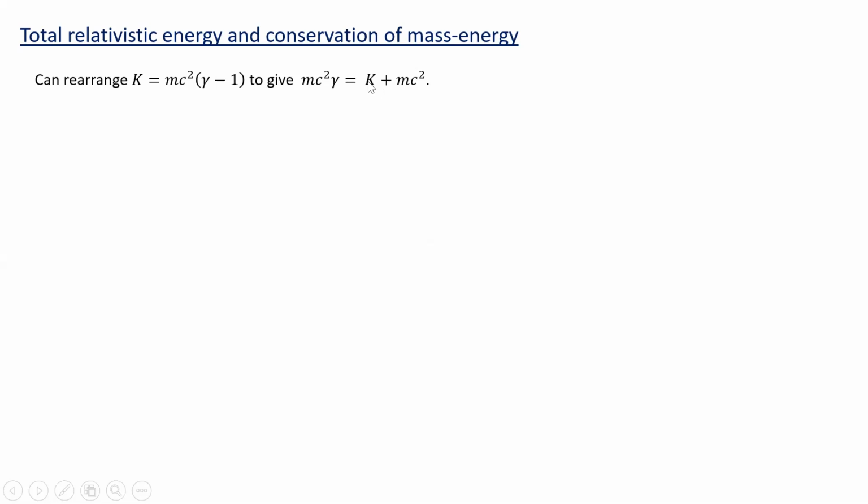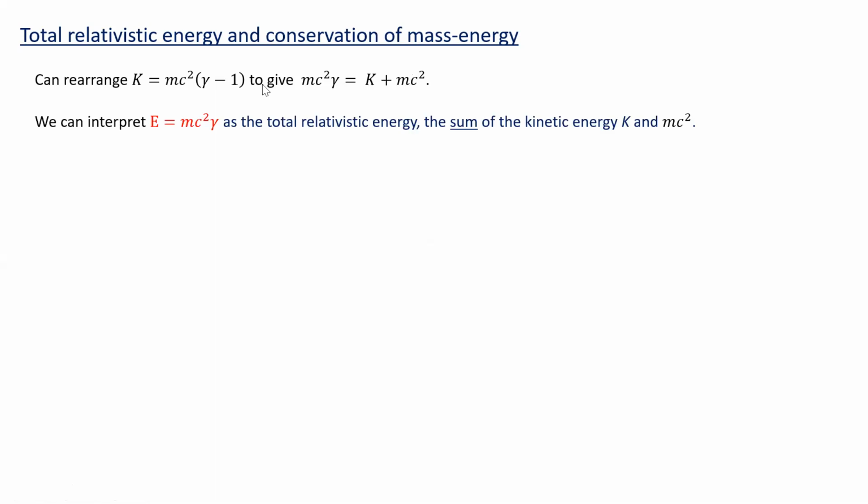This is the kinetic energy, of course, that's what we defined it as. We interpret the total energy, mc squared times gamma, as equal to k plus some type of energy which is still present when there's no kinetic energy. And so we interpret the symbol E equals mc squared gamma as the total relativistic energy, which is the sum of the kinetic energy and mc squared.